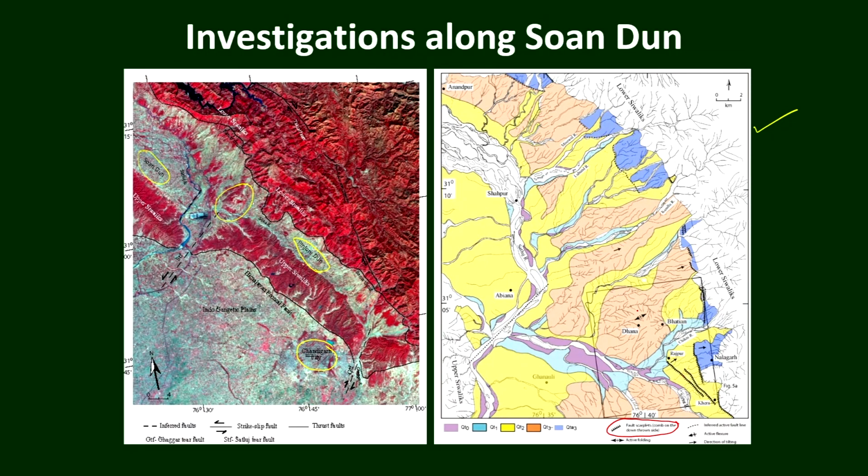Okay. So in the previous lecture we were talking about the dendritic pattern, and then we were talking about the radial. You can see the dendritic over here. This is all dendritic pattern. And what we were saying about the radial is that it will have some elevated portion in the center, and then the drainage goes off on either side.